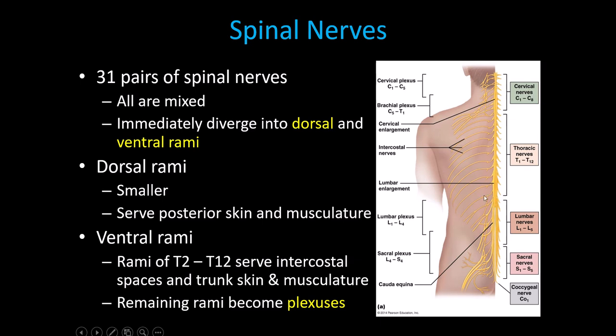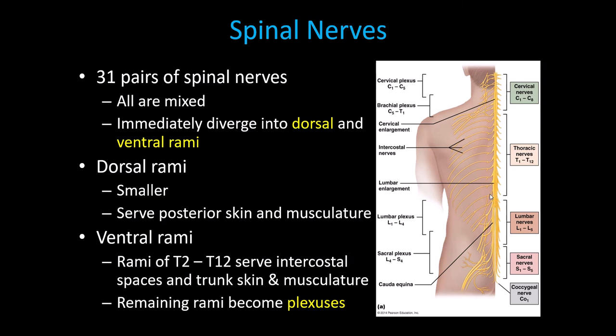All of the spinal nerves are mixed, so they're carrying both sensory and motor data, but the spinal nerves themselves are actually very, very short, because they almost immediately branch into what we call a dorsal ramus and a ventral ramus.